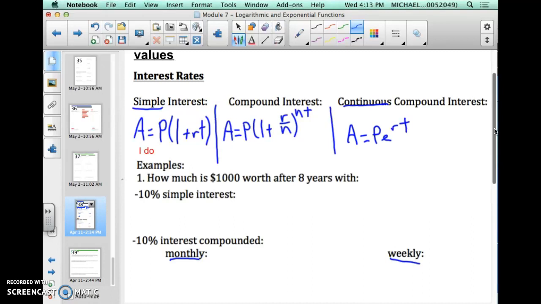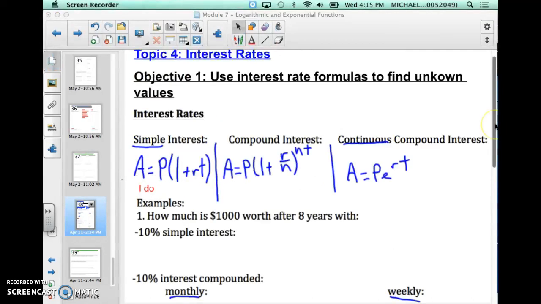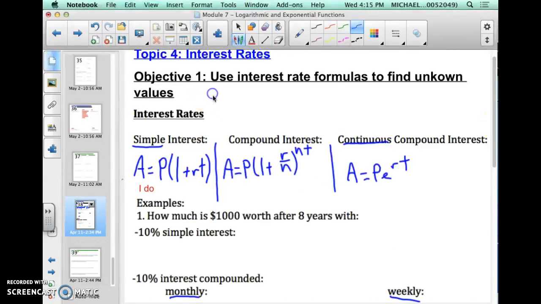Let's talk a little bit about what these variables mean. A is the future value, what something will be worth. P will be the present value or initial value.